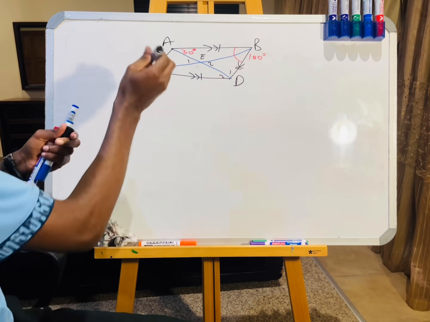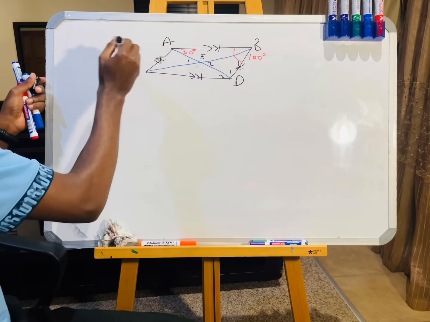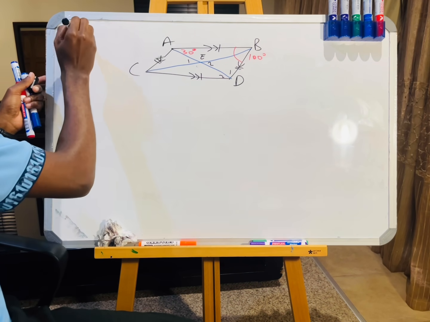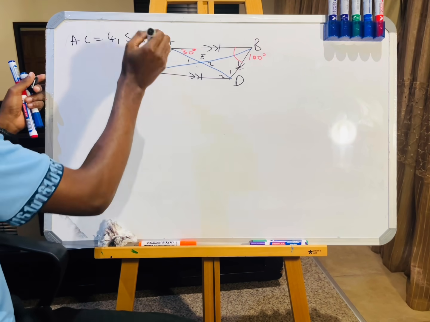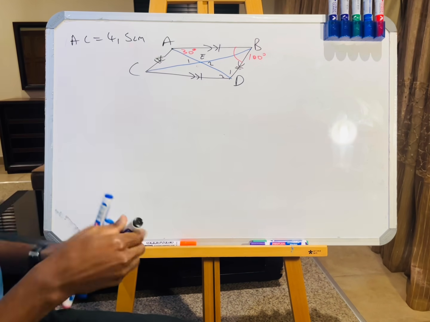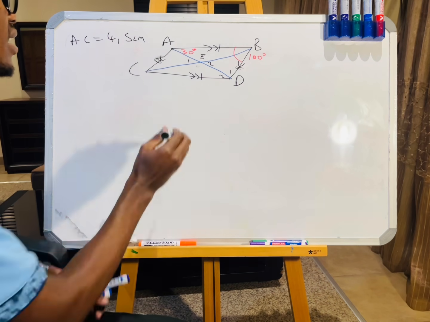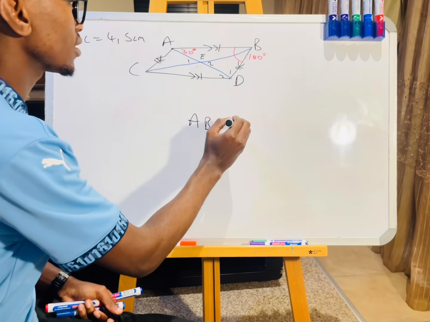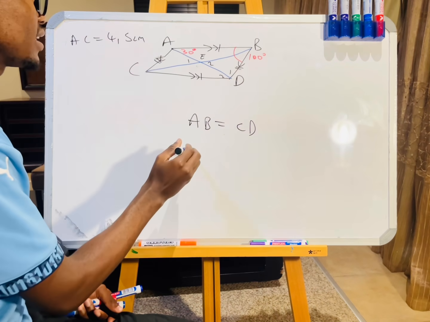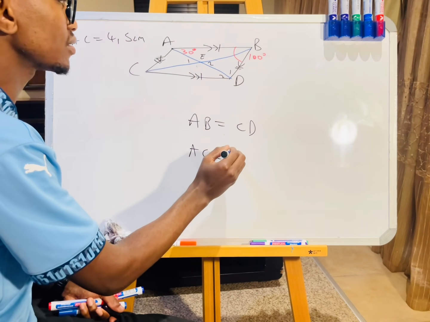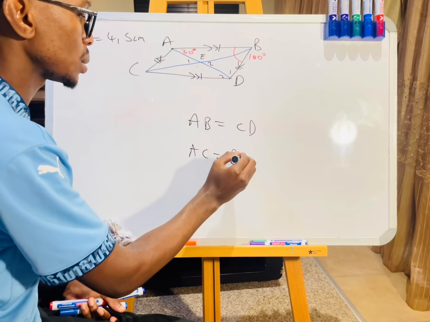You're also given that your AC, this guy here, is 4.5 centimeters. One thing you should know about a parallelogram is that AB equals CD, the lengths are the same. And again, AC will be the same as your BD.